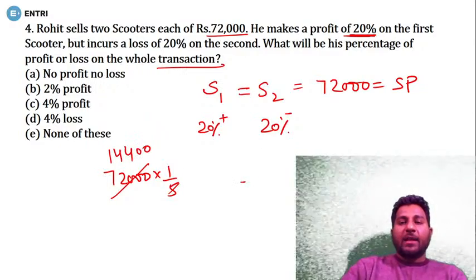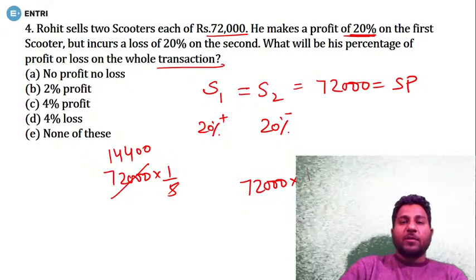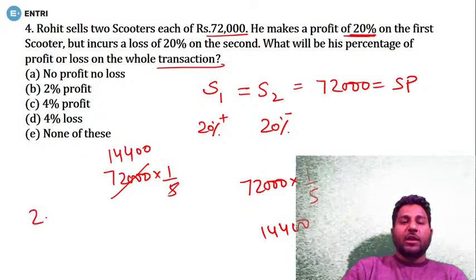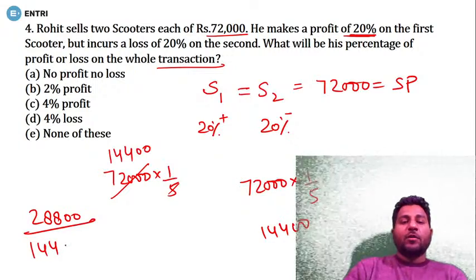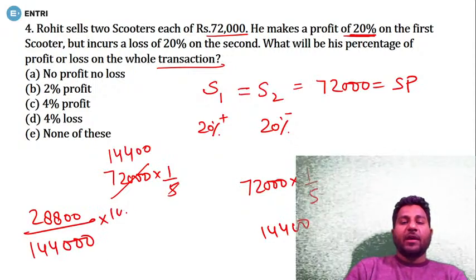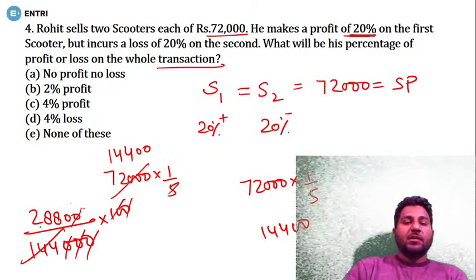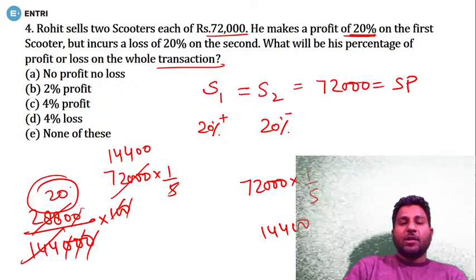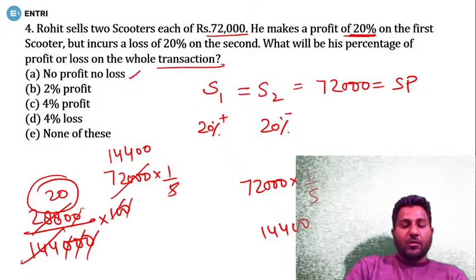While the loss would be the same, 14400. So let's multiply it. Look at this. The overall transaction means no profit, no loss.